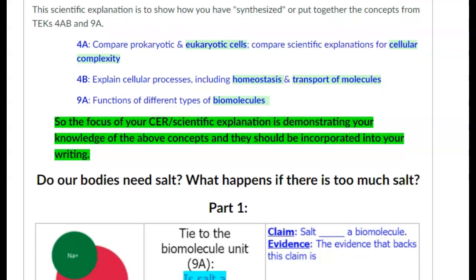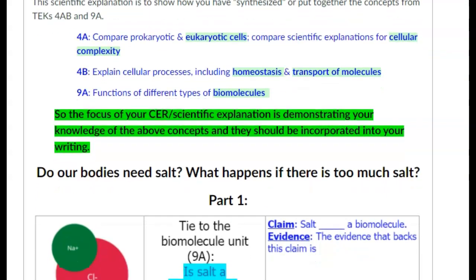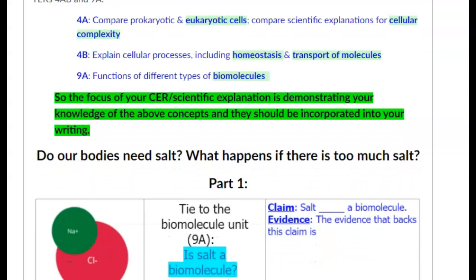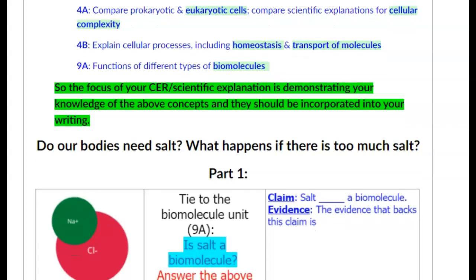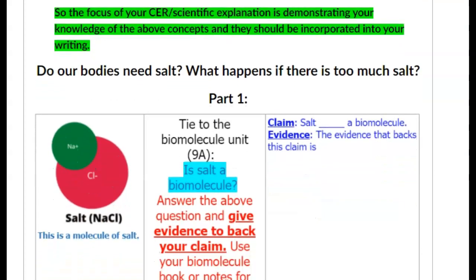So it's all about, do our bodies need salt? And so what is the stimulus, and how does the body respond? So the stimulus is going to be the amount of salt. And then your job today is to explain the body's response and why the body responds that way. So there are two parts.